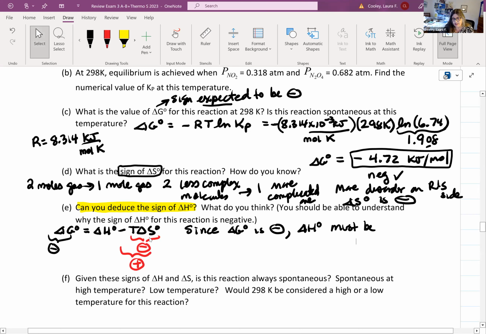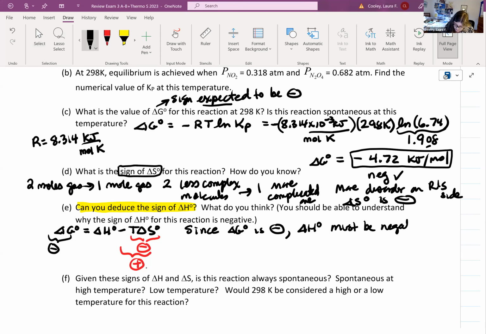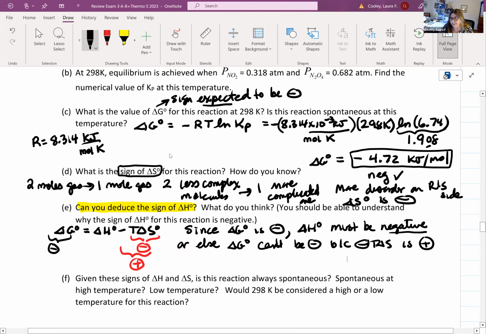Because this term is positive, right? So delta H has to be negative, or else delta G couldn't be negative. Because negative T delta S is positive. So if delta H was positive, delta G would have to be positive. Are we okay on that? Okay.